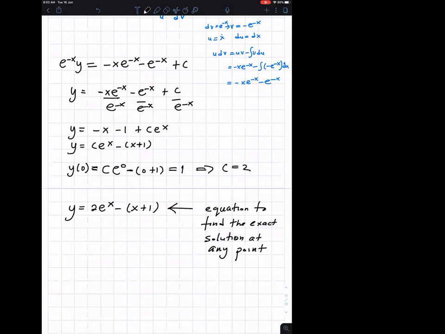In this case, if you are told to find the exact solution when x is 0.1, you plug in 0.1: you get 2 e to the power of 0.1 minus 0.1 minus 1, which is 2 e to the 0.1 minus 1.1.